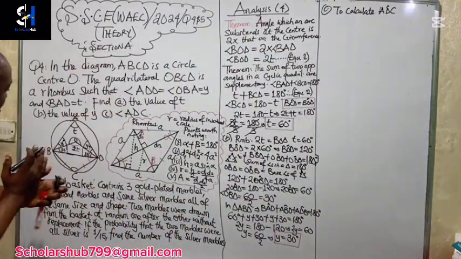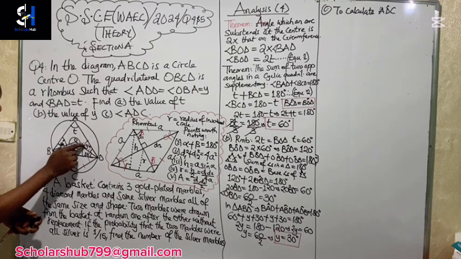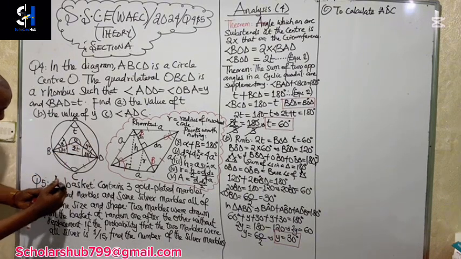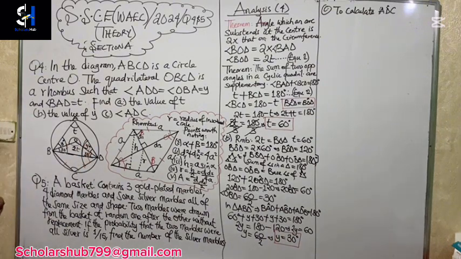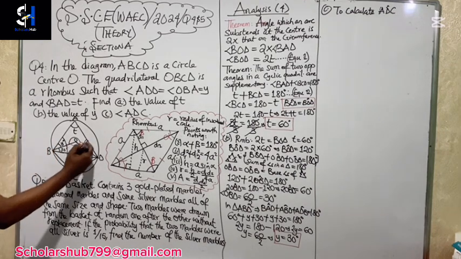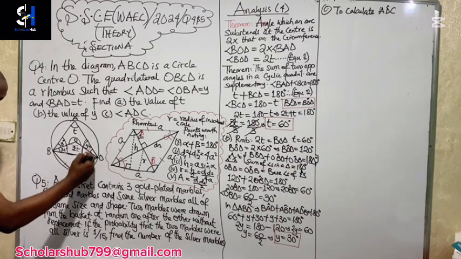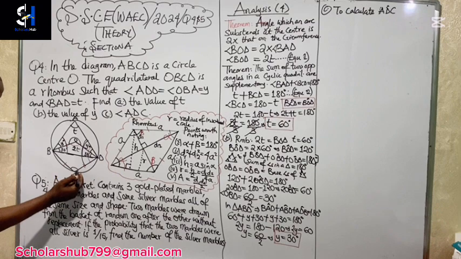Now, to be able to calculate ADC, we have for ADC this whole angle from here down like that. So like I said, remember from the rhombus, the entire angle here plus the angle here are equal to 180 degrees.